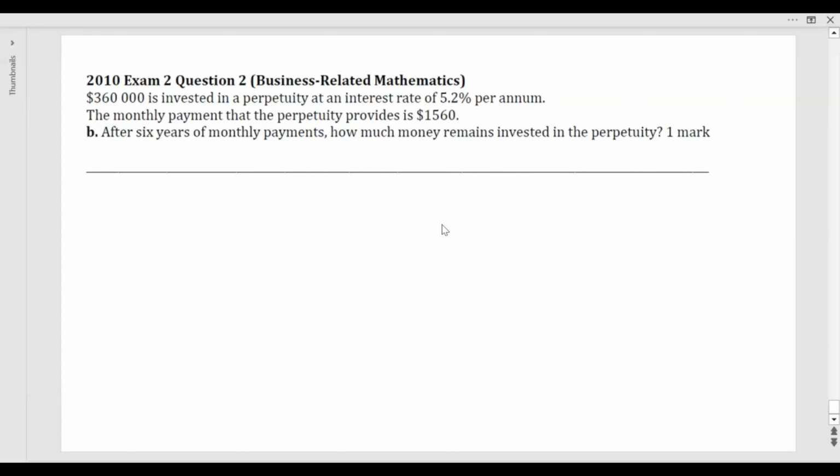The monthly repayment that the investment provides is 1,560. After 6 years of monthly repayments, how much money remains in the perpetuity? That's basically a trap. You still have 360,000, even though it has been making repayments for 6 years. Remember, a perpetuity doesn't change, it stays the same.